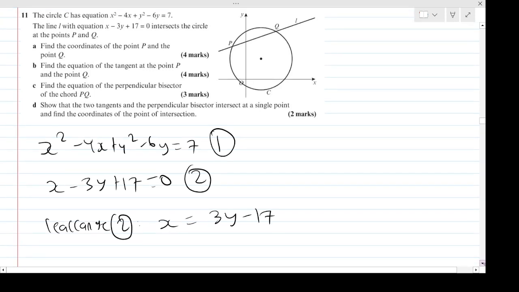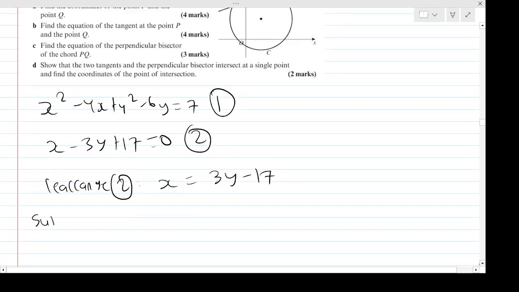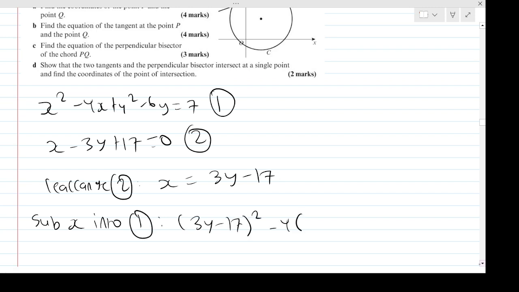Then I'm going to substitute x into the first equation. To then get (3y minus 17) all squared, minus 4 of (3y take away 17), add y squared, take away 6y, minus 7 equals 0.